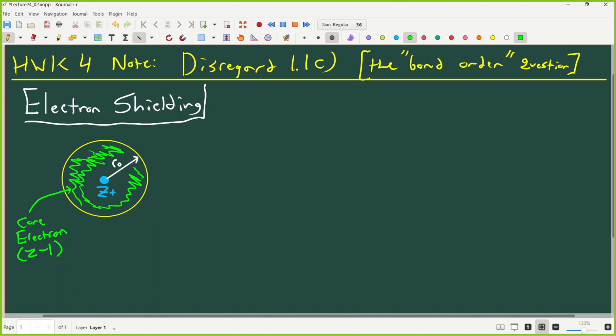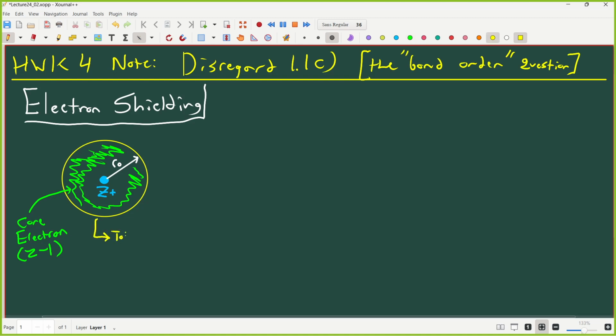The net charge is the sum of these two. So the total charge is going to be Z minus, because we're subtracting off the electrons, which have the opposite charge, Z-1. So the total charge of this ball is +1.